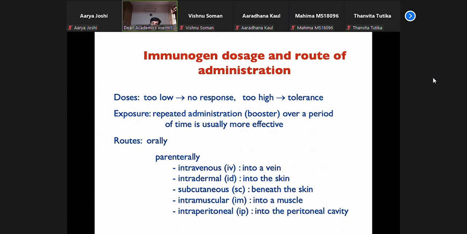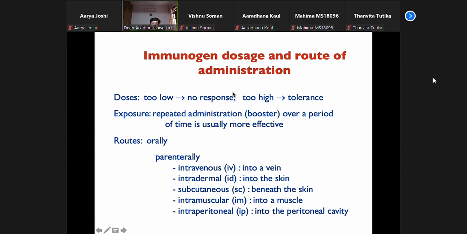If you inject repeated doses, you get a much better immune response as compared to injecting only once. This is the concept behind the booster dose of vaccines, to get a good immune response.